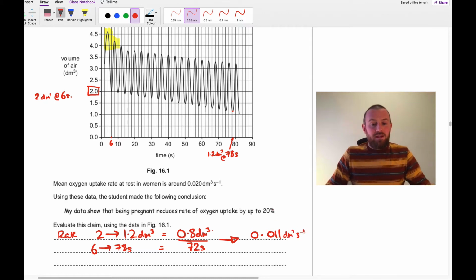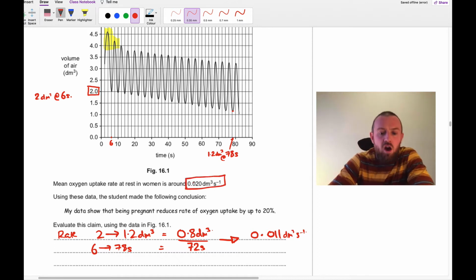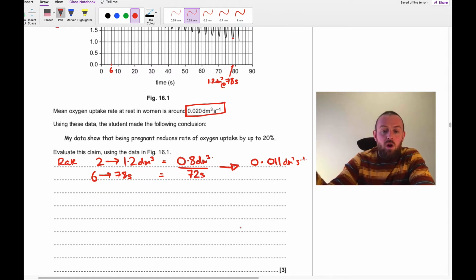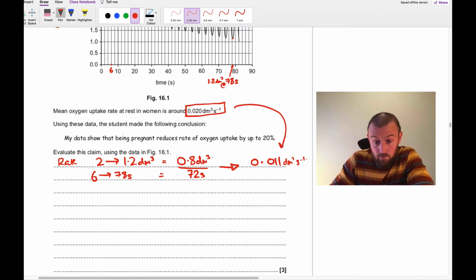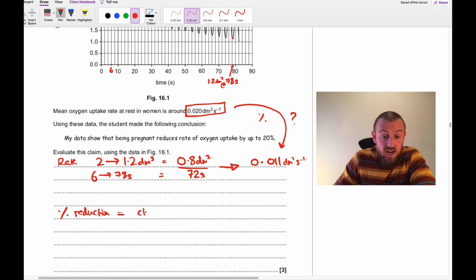Now, is that a 20% reduction versus that? The answer is no, it's more, it's almost half. So if we actually wanted to work out the percentage reduction, going from 0.02 to 0.011, then this is how we do it. So the percentage reduction equals the change divided by the start value times 100 to make it percent.